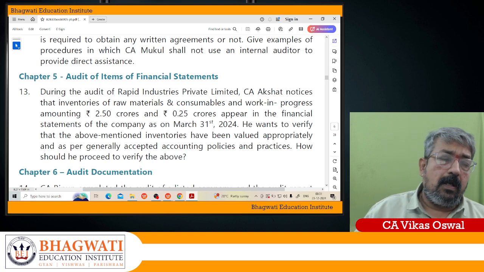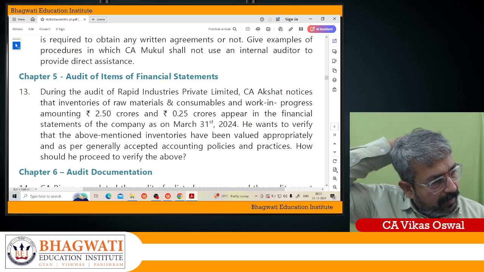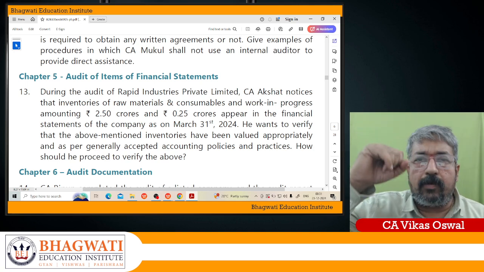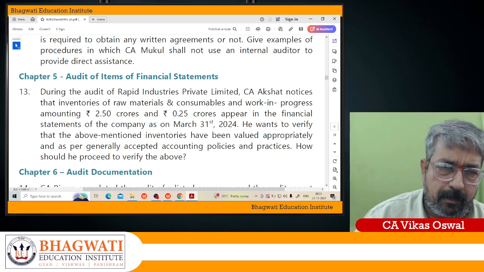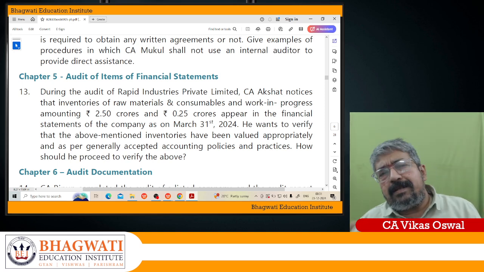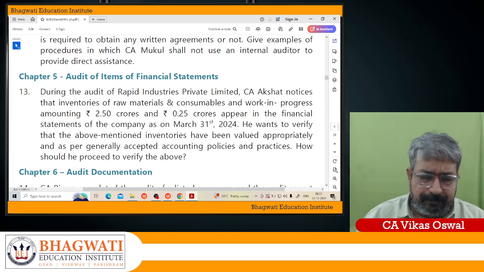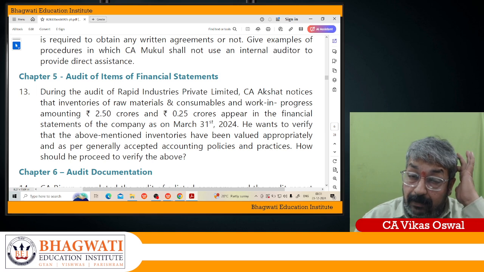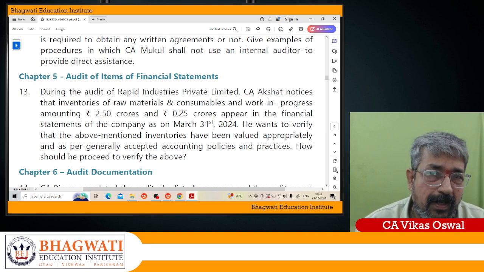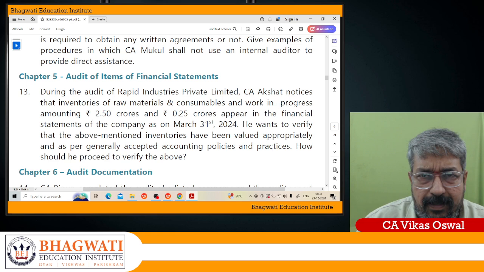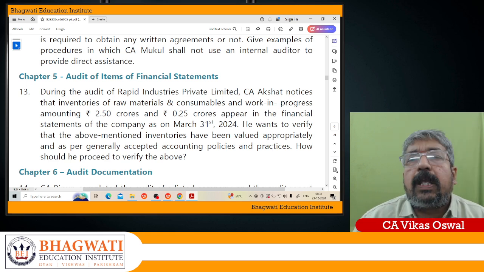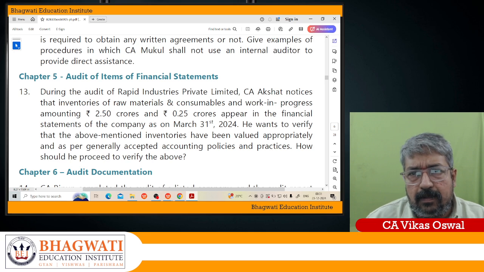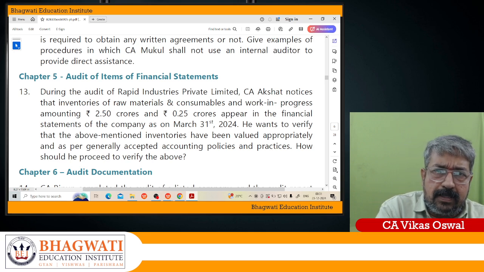You have to ensure that it is measured properly. There may be chances that an estimate is made. The challenge in inventory is work in progress only, because you don't get an exact number. So there will be some estimate made, which is not accurate in nature.